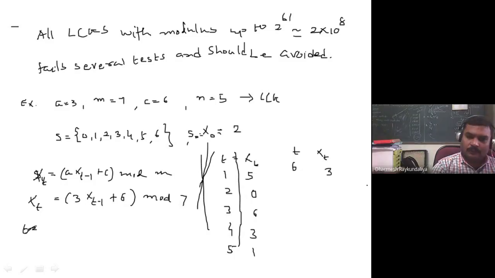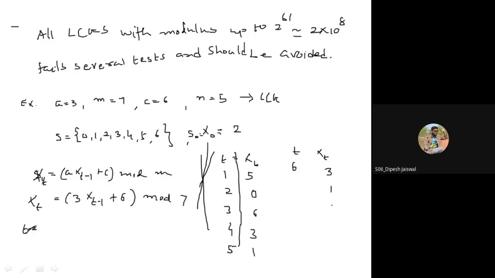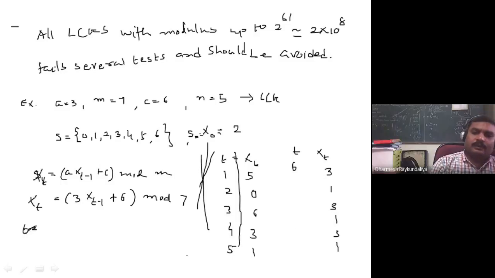Again 3 nines. So 3, 1, 3, 1 will keep repeating, right? It will repeat. Okay. So this is how you are generating the random numbers.